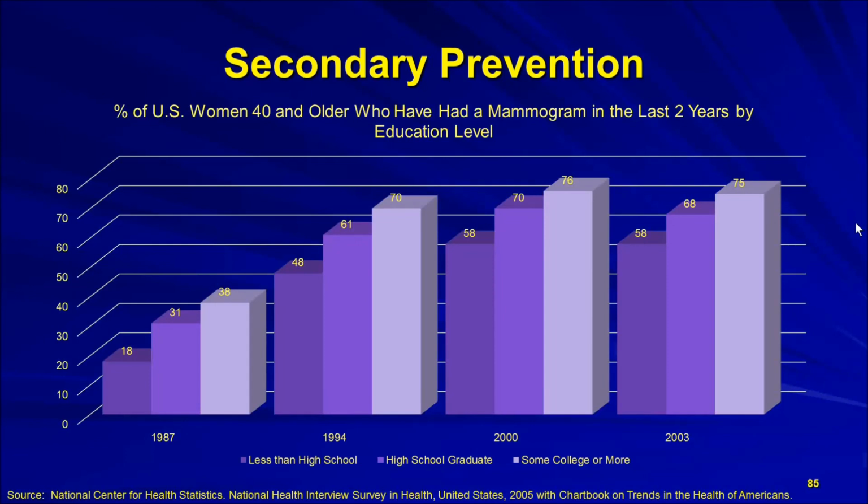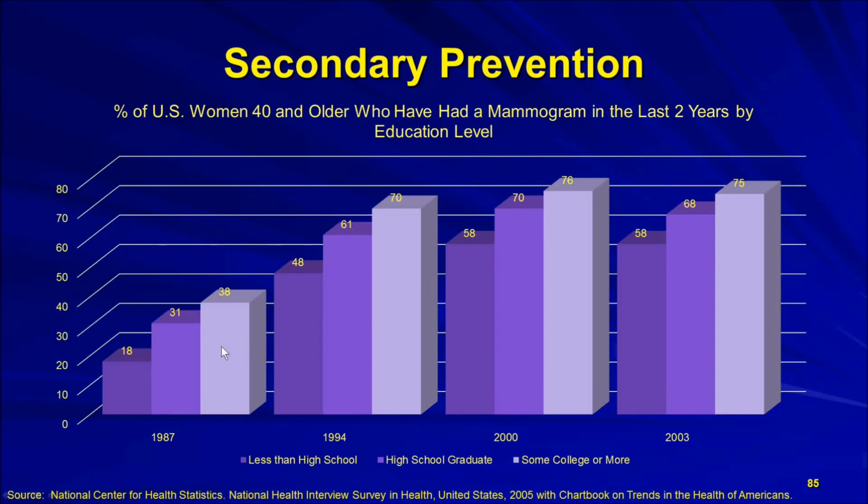Okay, what do you observe here? And this is going to be across the board. I don't care what disease I've ever seen, education level makes a difference. And when you look at education level, it affects the number who receive a mammogram. If you reverse this and look at it in tobacco, we find that those with a lower education smoke more than those with a higher education.